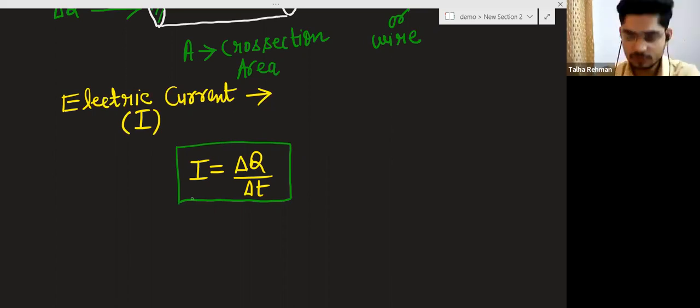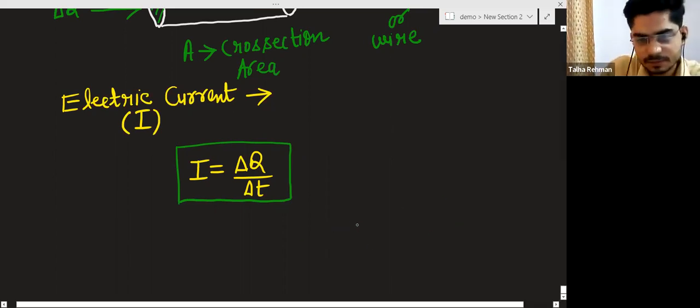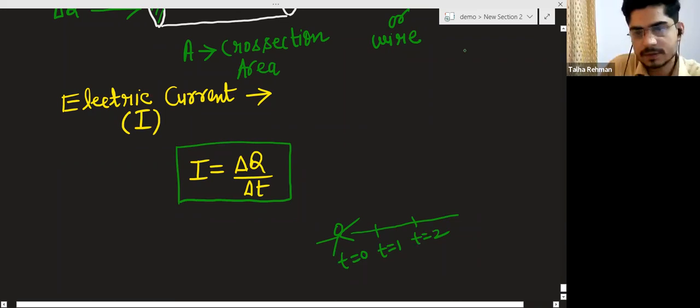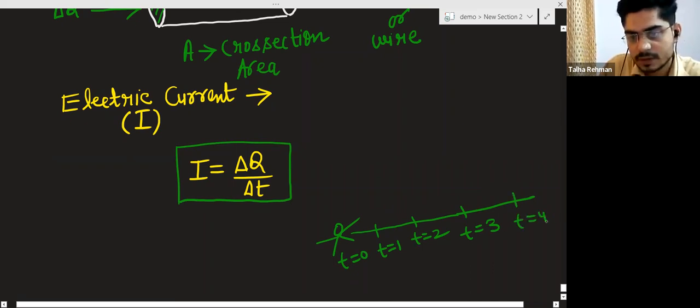Like there is a person moving like this, starting at t equal to 0, then t equal to 1 second, 2 seconds, 3 seconds, and 4 seconds, moving along this path.